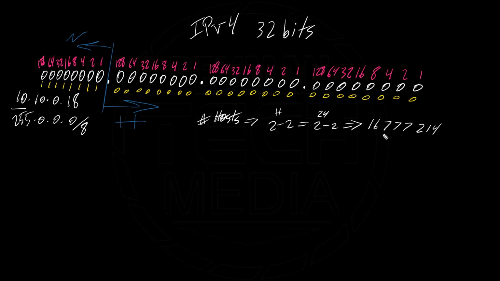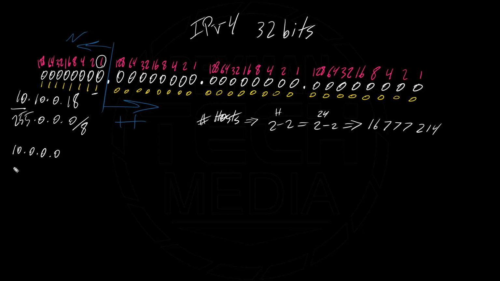Now we can write down our network address. The network address here would be 10.0.0.0, and then the increment we can see from the last bit that is turned on. This is the last bit turned on, and this is our network increment on the first octet.